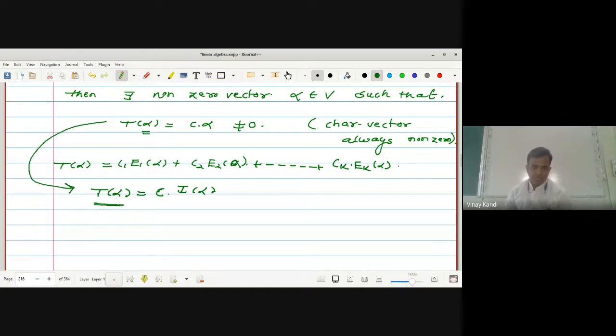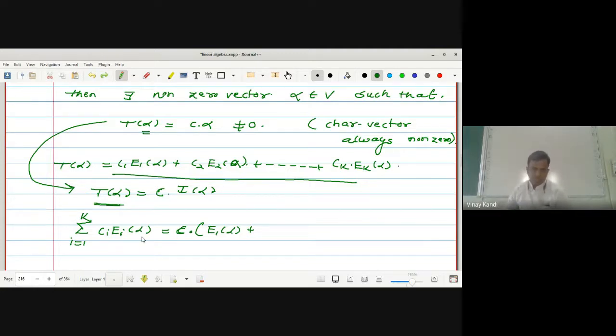So what is the value of this? This is the summation, i running from 1 to k, of Ci Ei of alpha. What is the right hand side? C into alpha, and alpha is E1 of alpha plus E2 of alpha plus up to Ek of alpha, since I is equal to E1 plus E2 plus up to Ek.